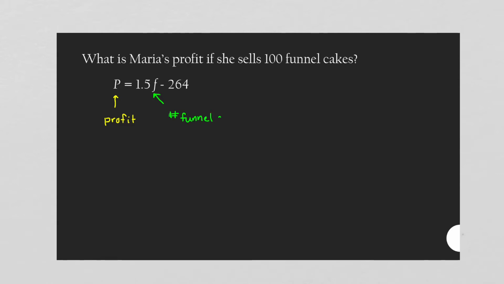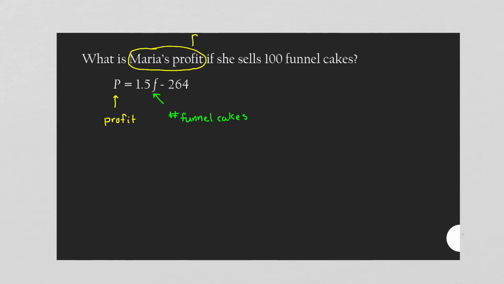So to do this problem, the first step is to determine what our givens are. We note that Maria's profit is what is unknown because that's what we're looking for. So we don't know what Maria's profit is.